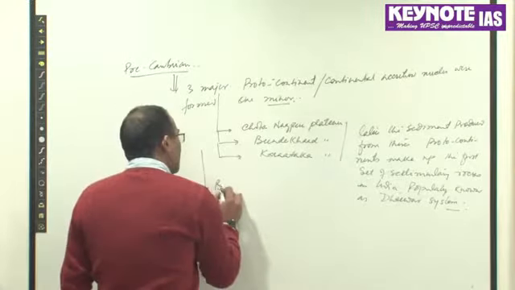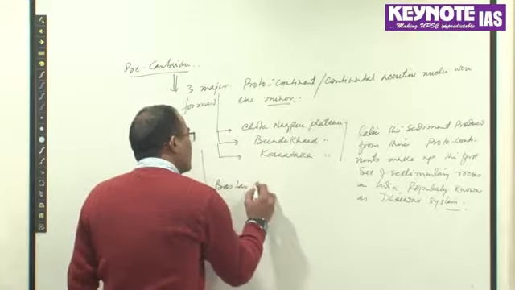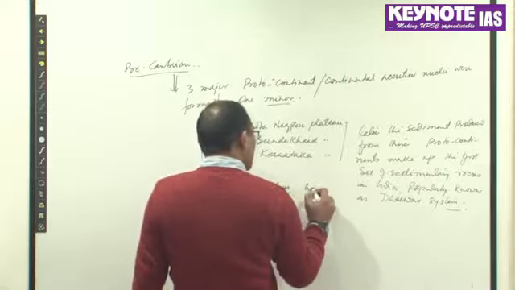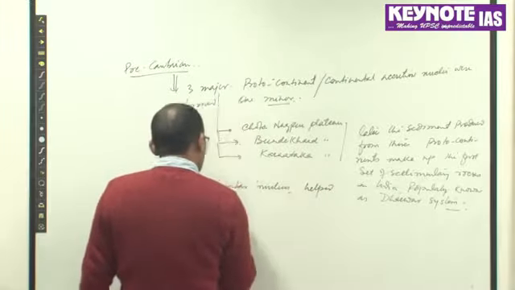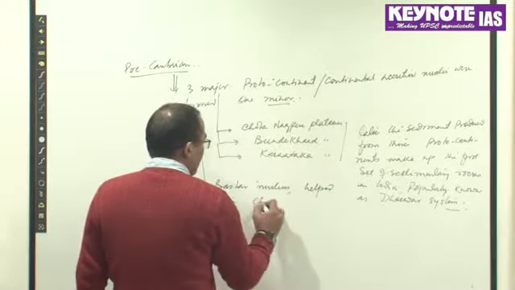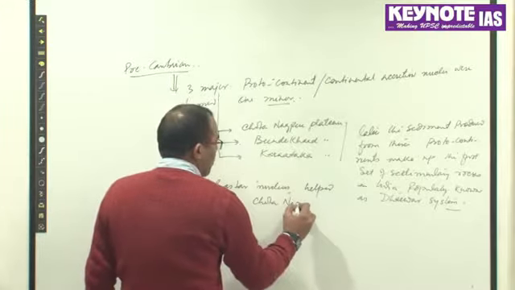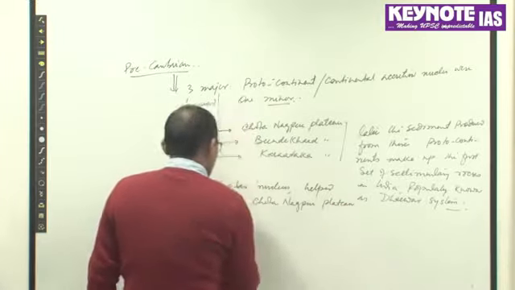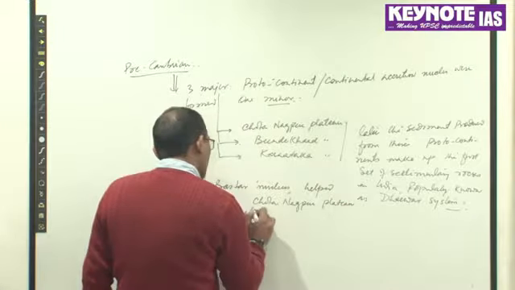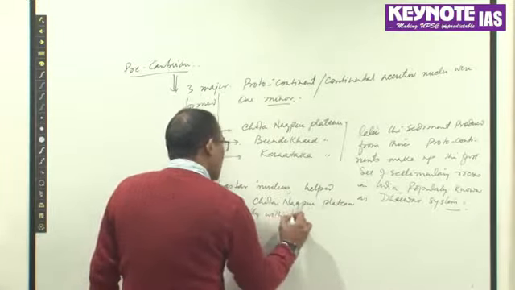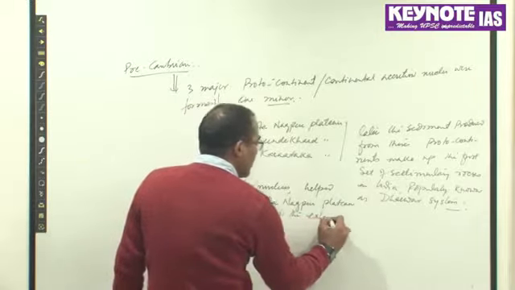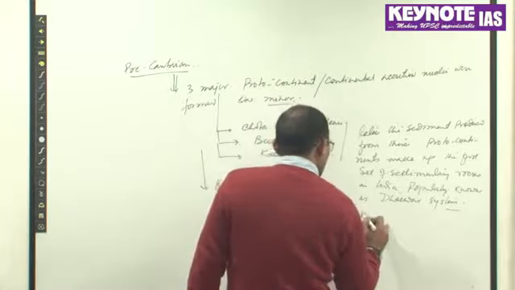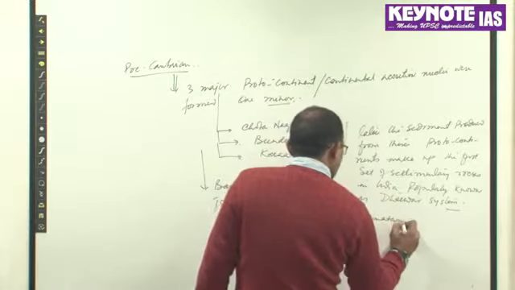Right? Then Bastar nucleus helped join Chota Nagpur plateau gradually with the extended Karnataka plateau.